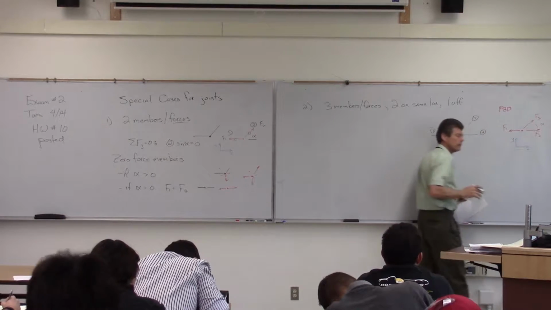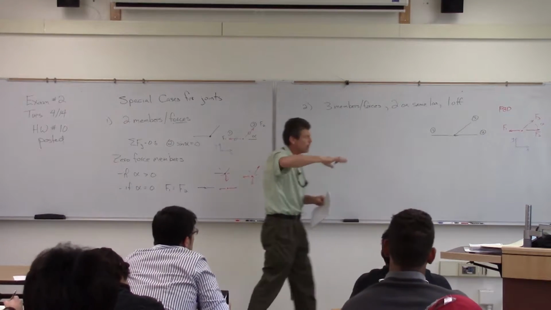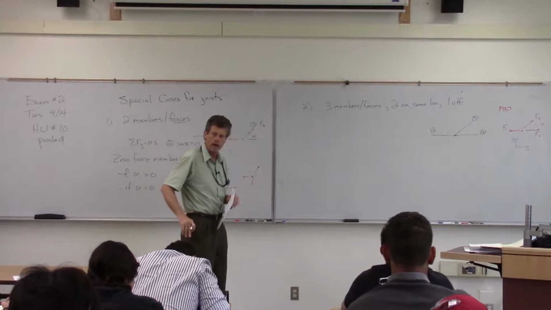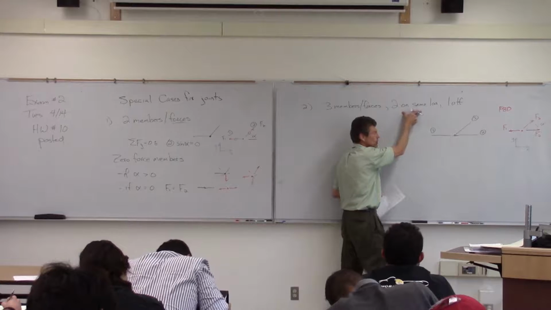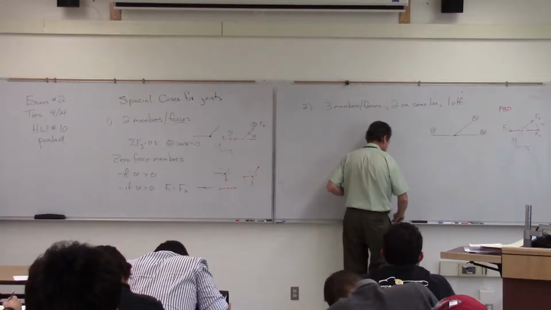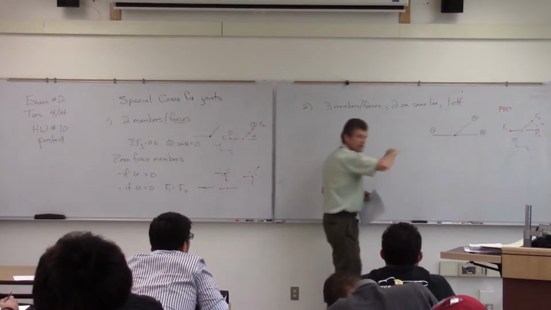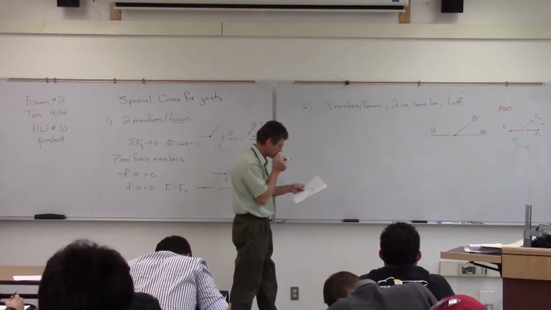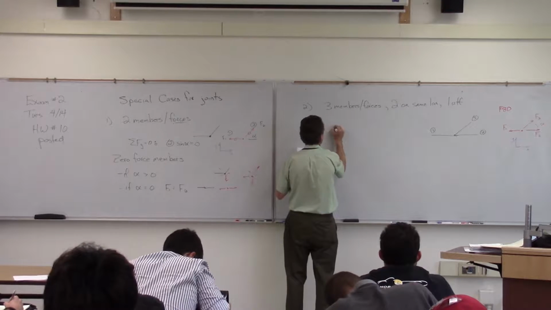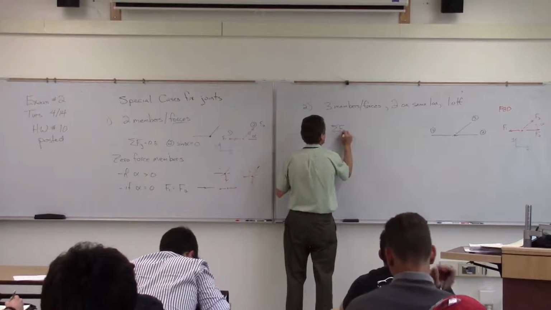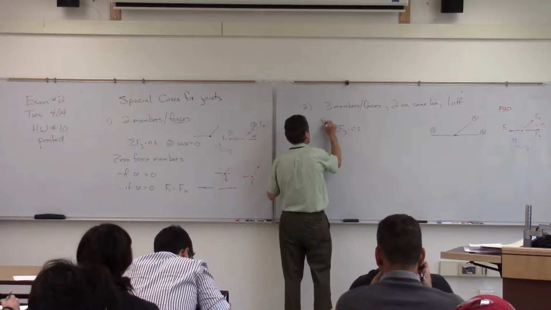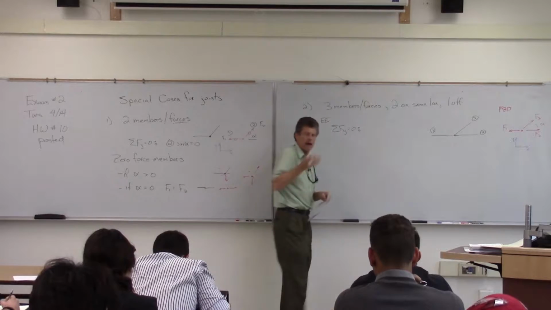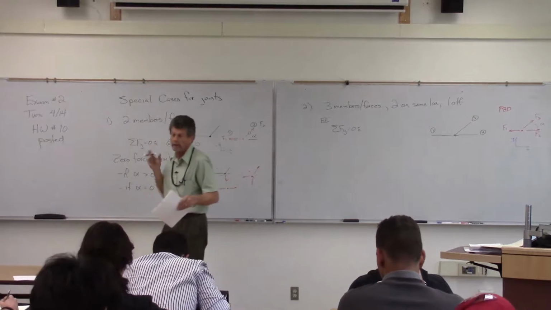And I'll set up a coordinate system such that x follows along that line of action that F1 and F2 are on. So they're the ones that are on that same line of action, F1 and F2. They're a straight set of members there. Again, equilibrium dictates that sum of forces x, sum of forces y have got to be equal to 0.